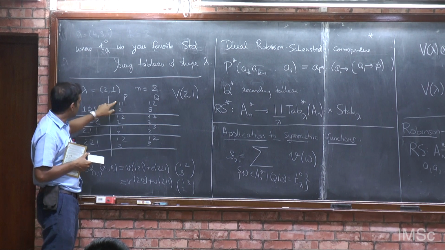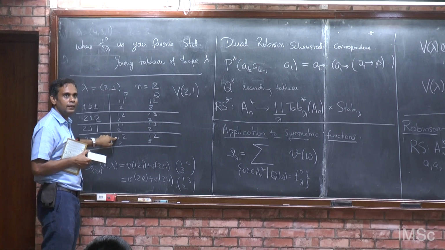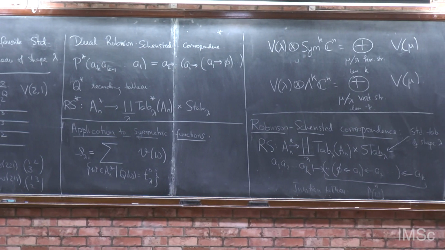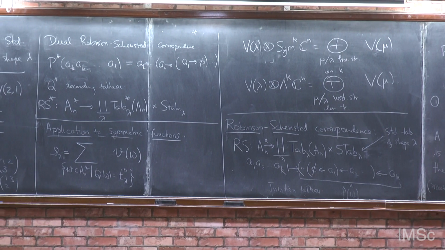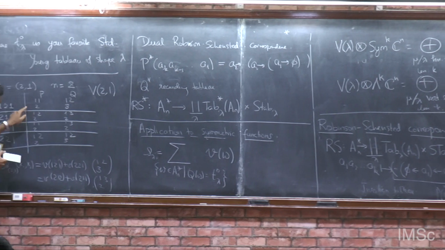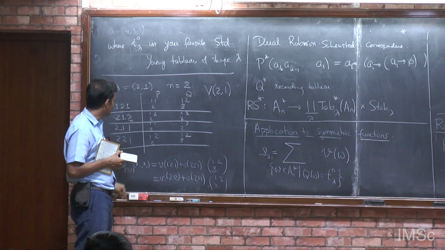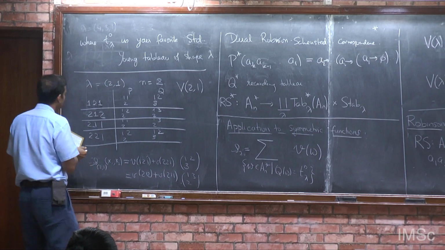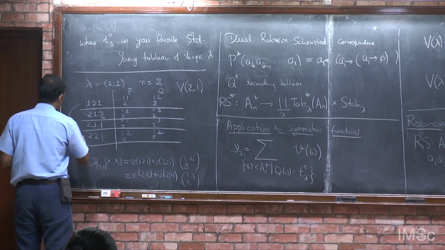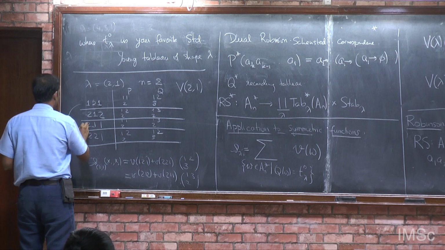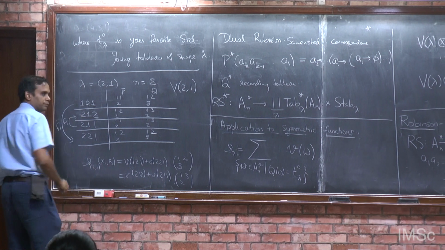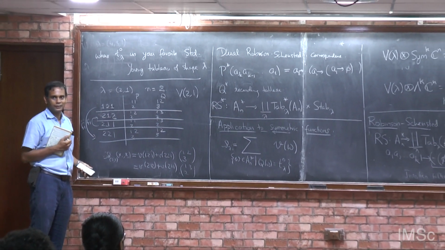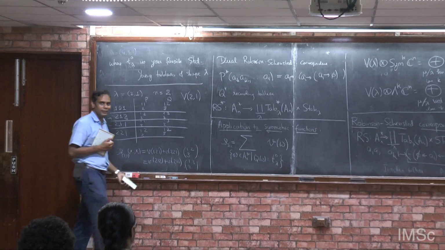So you apply one of the operators, E_i, or is it F_i? F_i. You apply F1 here and you will get from here to here. F1 applied to this will give this, and F1 applied to this will give this. So that's the little check you can do during the tutorial. It's a quick one. I don't think it will take very long.